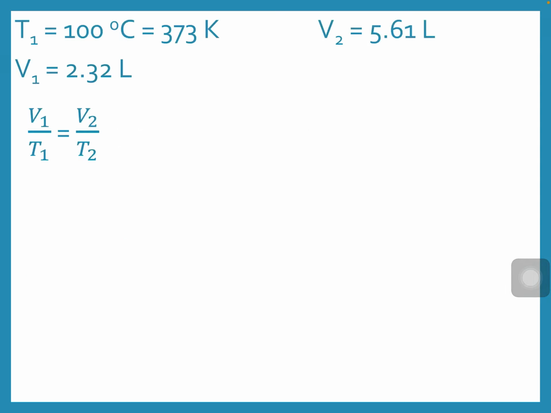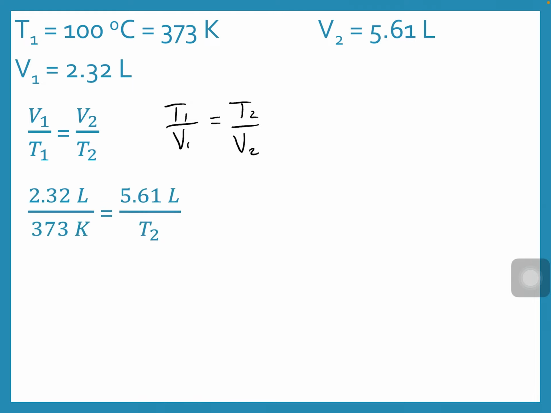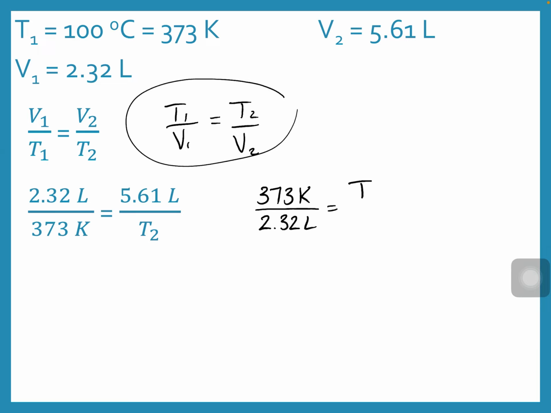These values at the top, there is my formula. Because I'm looking for a temperature, I can rearrange this to have temperatures on the top. To make it simpler for yourself, if you had started with this, you would have 373 Kelvin over 2.32 liters equals final temperature over 5.61 liters.